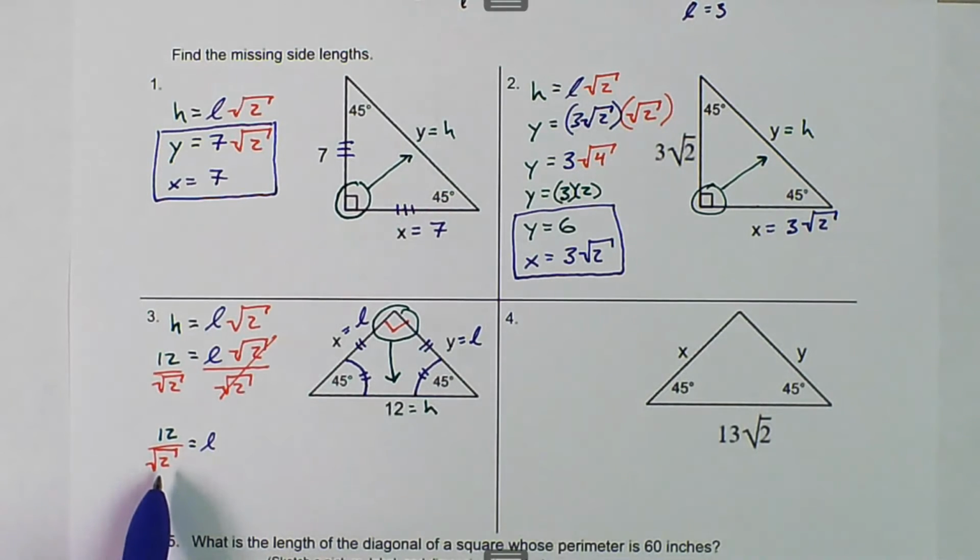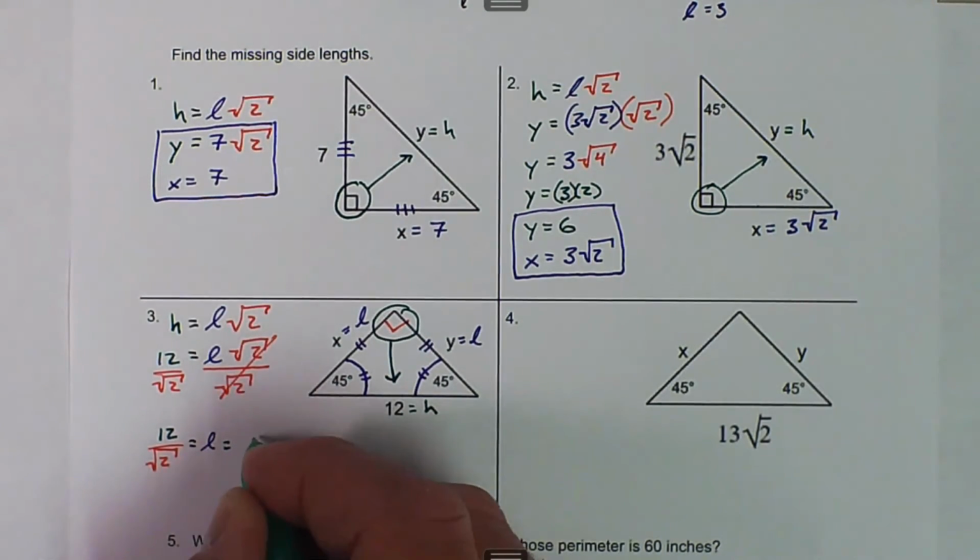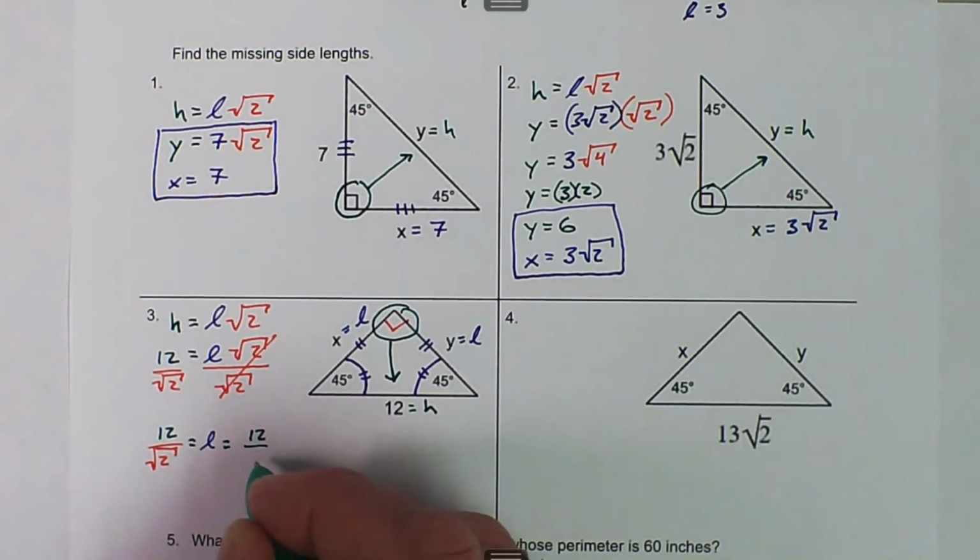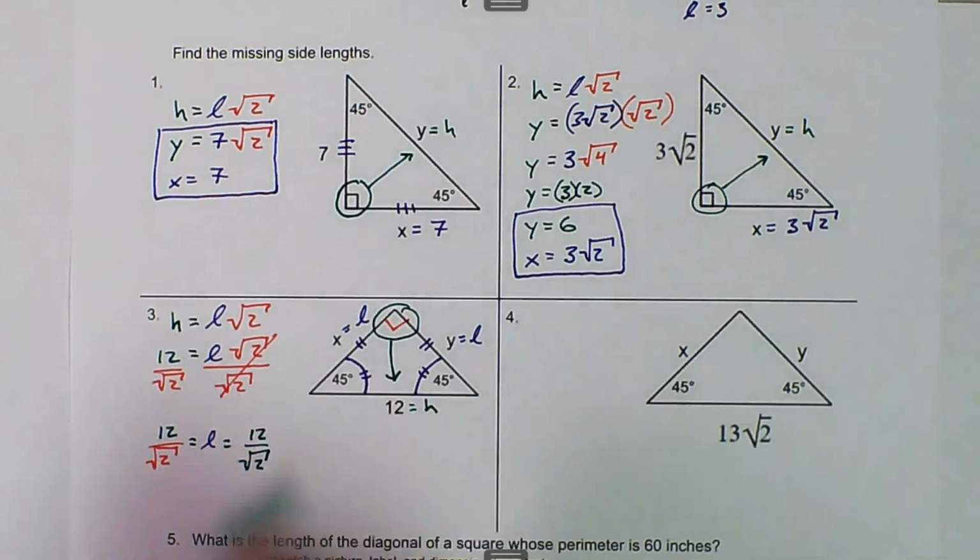We do not like having a square root in the denominator, so we want to get rid of that. And so I'm going to rewrite this as 12 over the square root of 2.